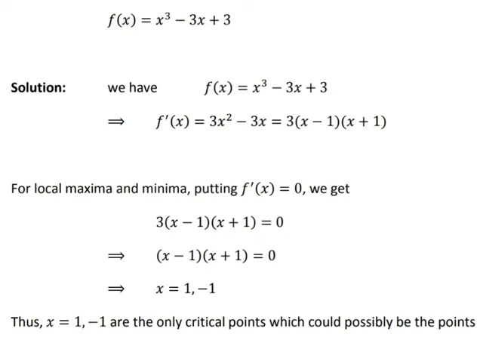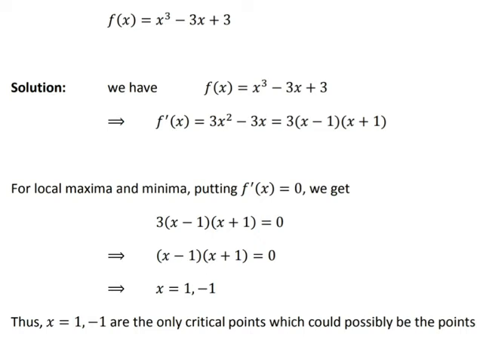Whenever you have a maximum value on the graph, the tangent to that point on the graph will be horizontal to the x-axis. And when the tangent is parallel to the x-axis, always the slope is equal to 0. That means f prime of x is equal to 0.